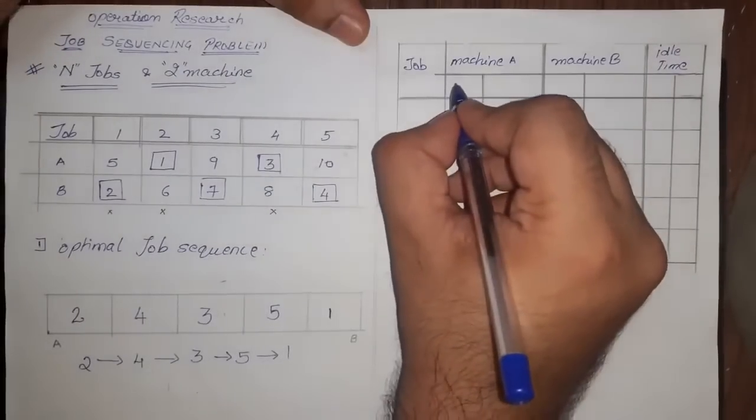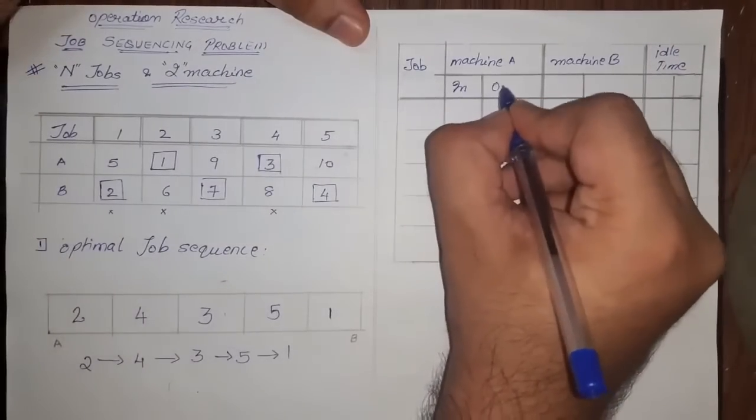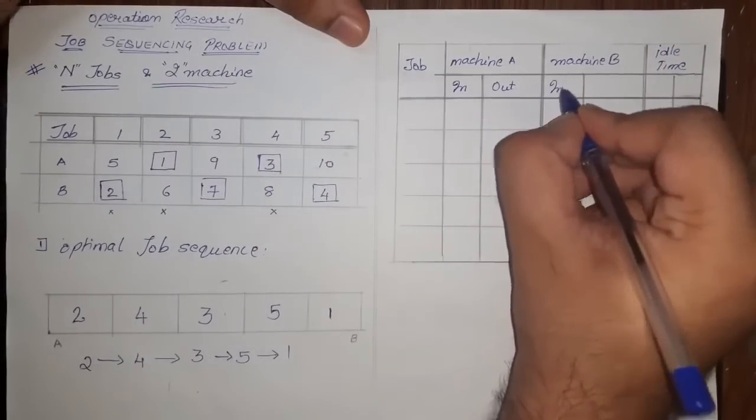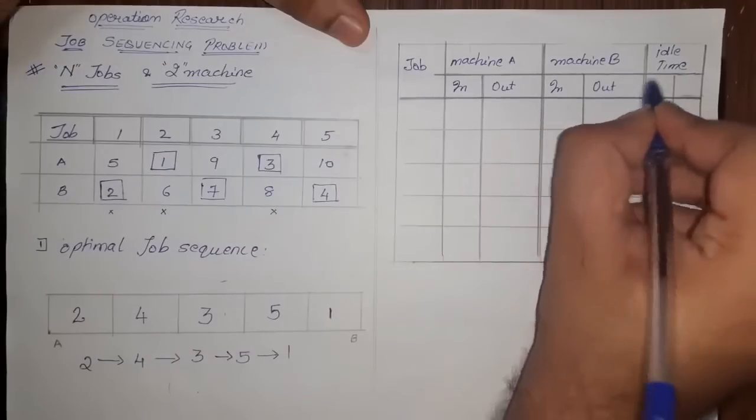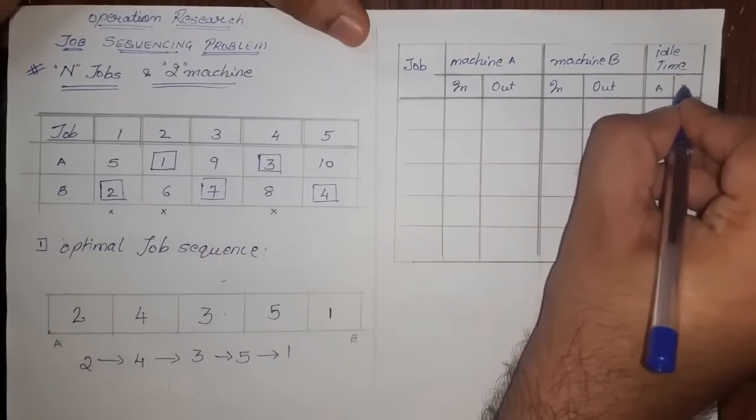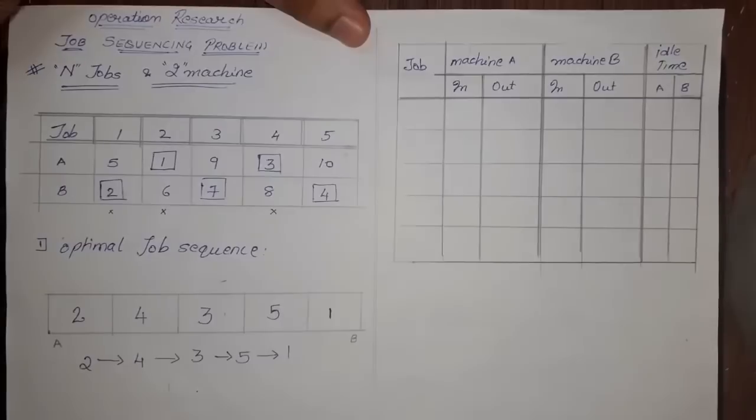In machine A, we need to find the in time and out time. Similarly for B, in time and out time, and idle time we have to find for machine A and machine B. So this is the basic format for solving the job sequencing problem.